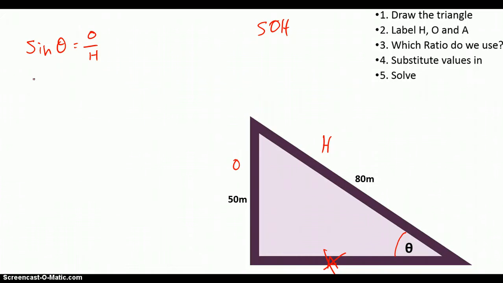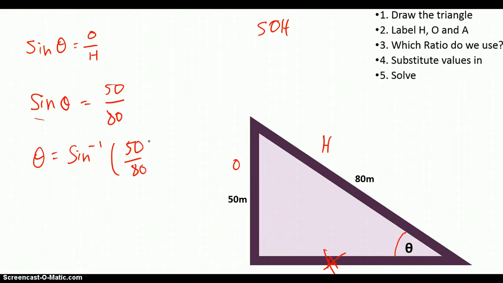Let's substitute the values in. Sine theta equals 50 over 80. And the opposite for sine is sine minus 1. So what we would end up having is theta equals sine minus 1, which you find by clicking Shift sine on your scientific calculator, of 50 over 80.